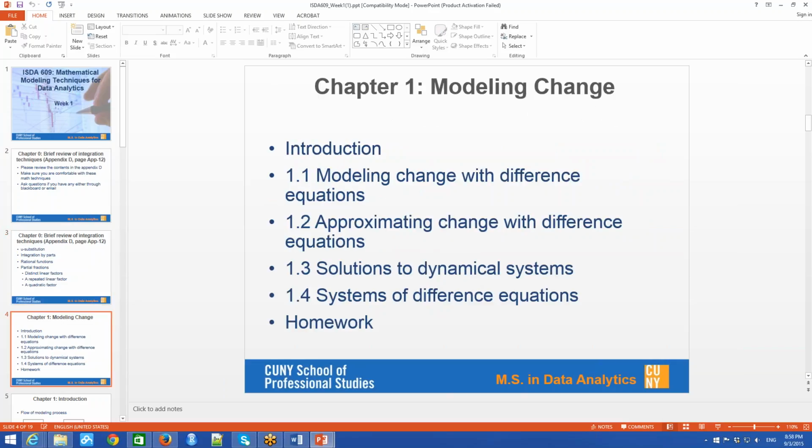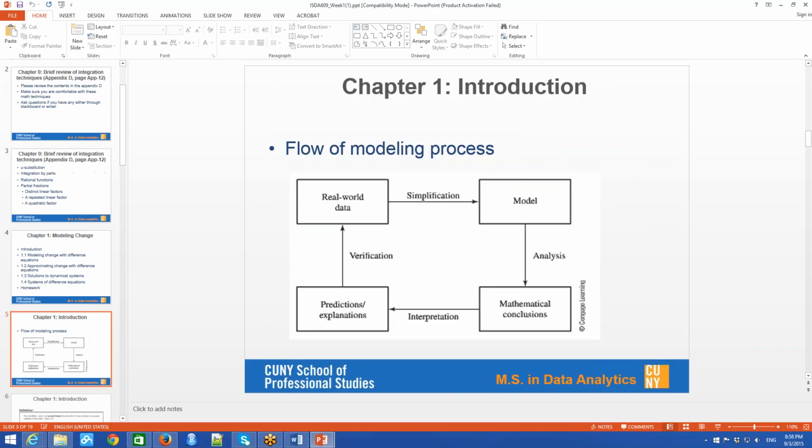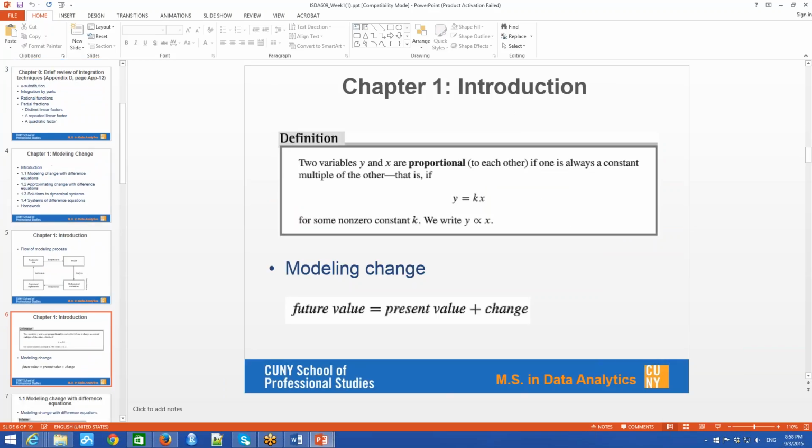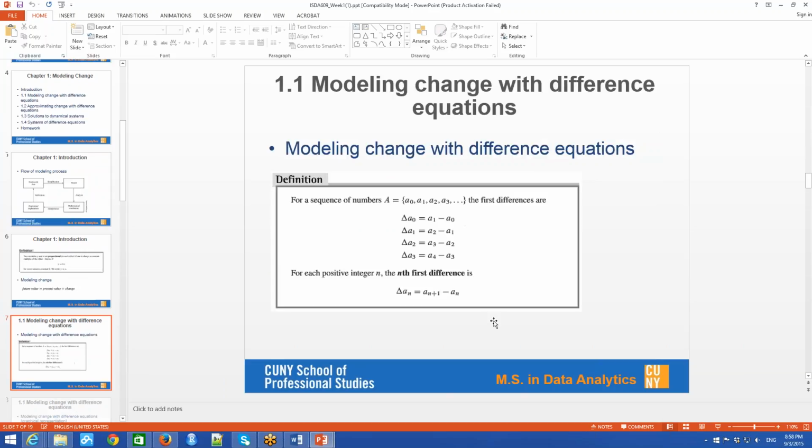So the first problem that we were trying to model in chapter 1 is modeling change. It's really easy in general. And then I discussed how to do the modeling, what the intuition for the modeling is. Modeling change essentially is: future value is the present value plus that change. Looks okay so far.